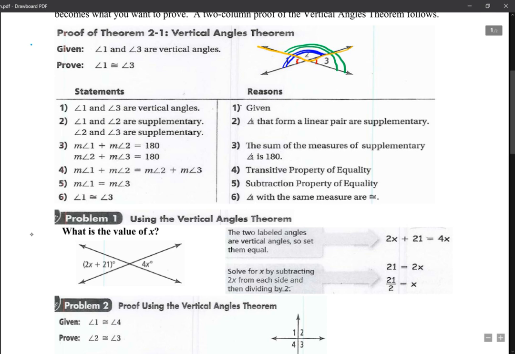So we have the linear pair postulate, which says if two angles are a linear pair, then they are supplementary, right? And we also have the reflexive property of congruence, because we're dealing with congruence here, or possibly equality.